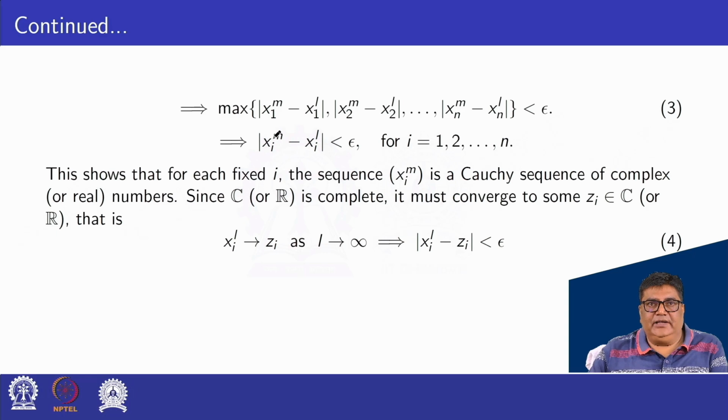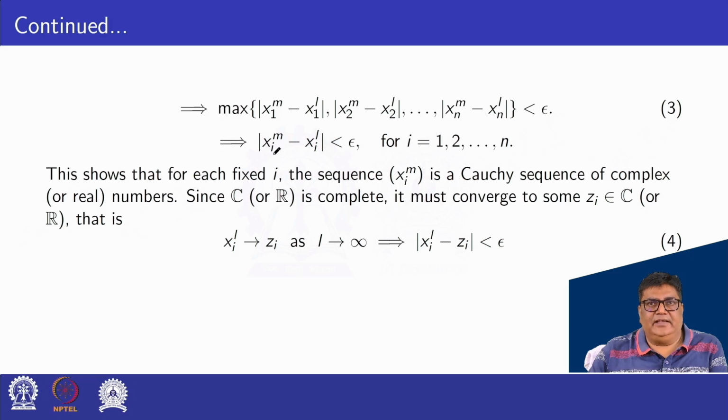This implies that |xmi - xli| is less than epsilon, because the max value of |xmi - xli| is less than epsilon, it means each |xmi - xli| is less than epsilon for all i = 1 to n.